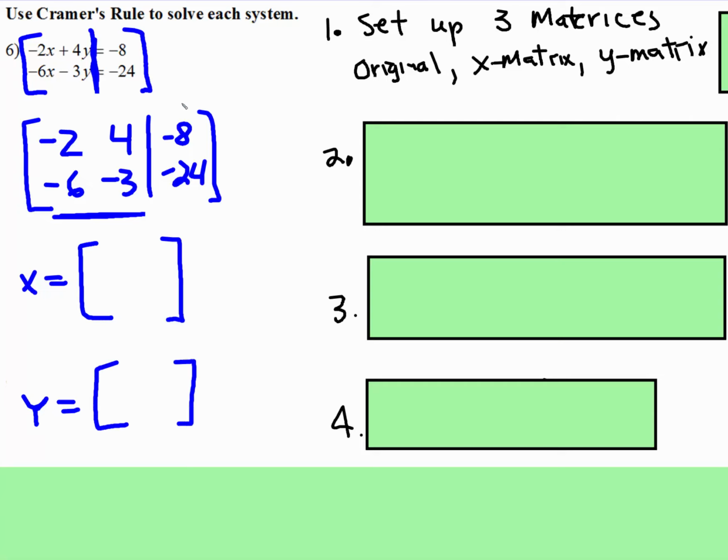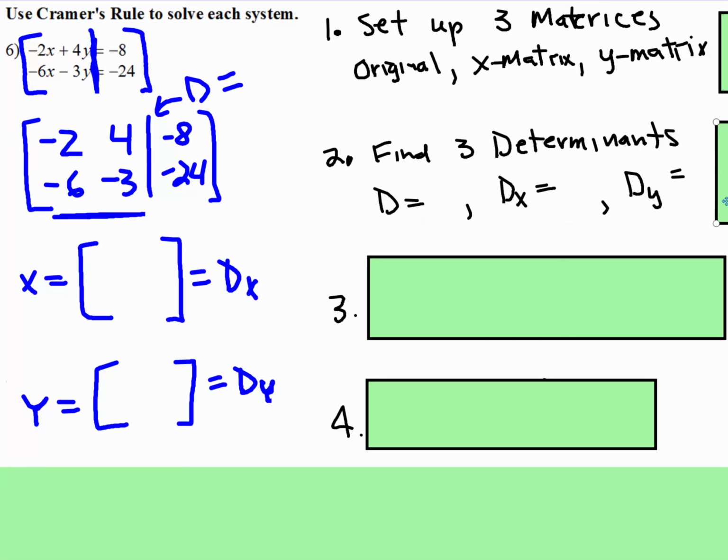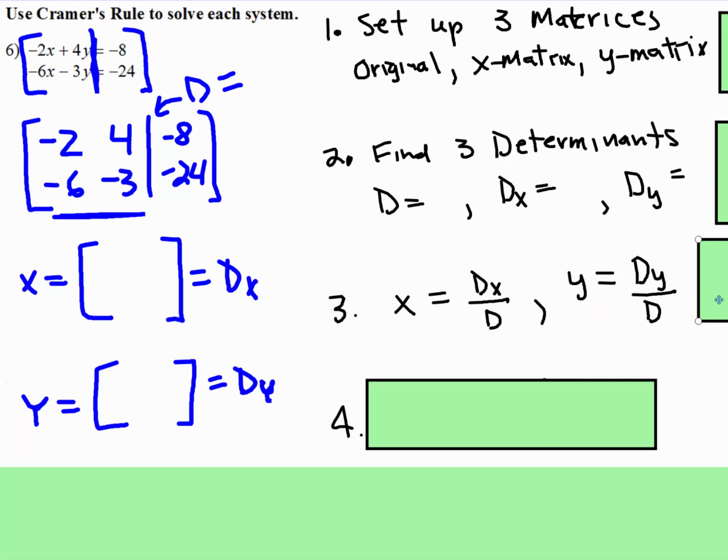And then you're going to find the determinant of each one. So this is going to be the determinant of the X. This is going to be the determinant of the Y. And when you do that, you're going to find the 3 determinants, and then you're going to list them, and then you're going to solve for X and Y.